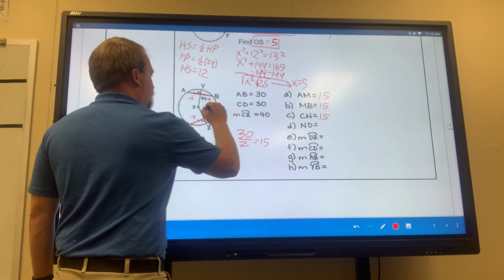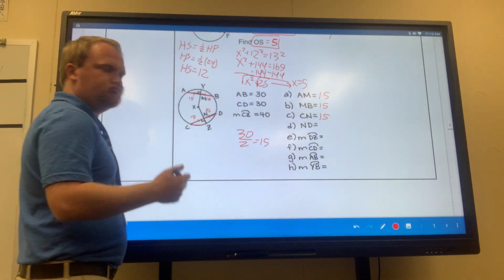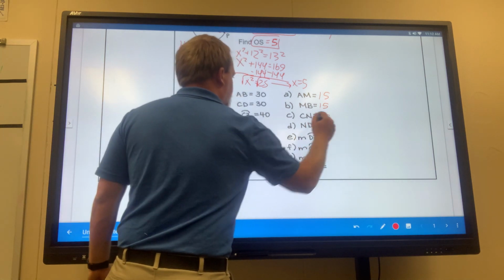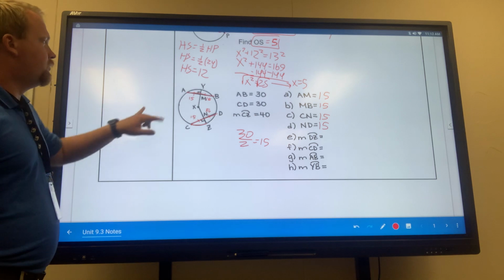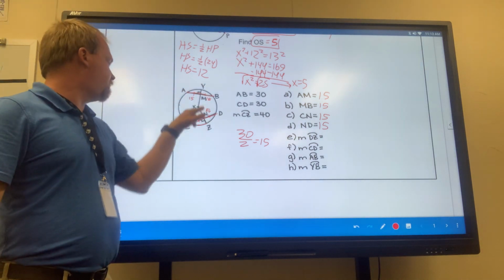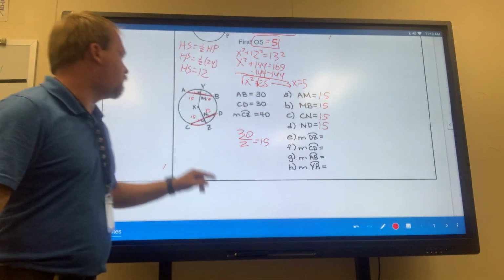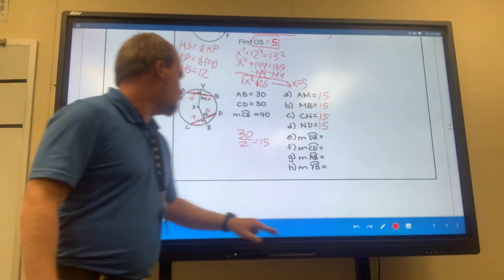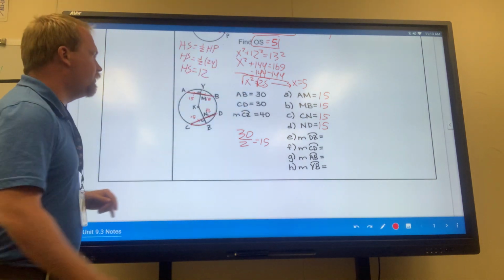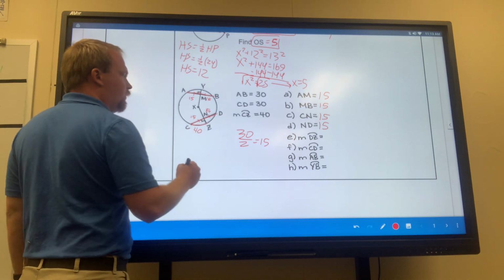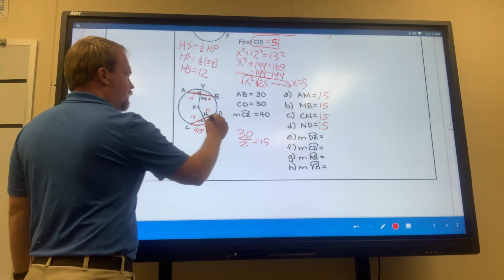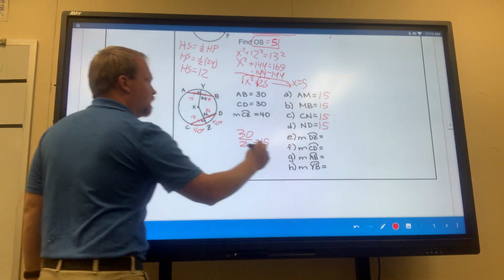And ND is 15 again, because they're both congruent. Now, since both chords happen to be the same, then I know the arcs are going to be the same. So if I know CZ is 40 degrees, I know DZ has to be 40 as well.